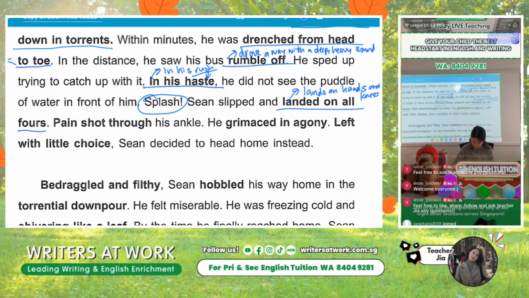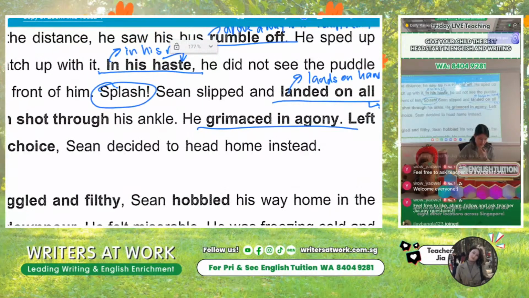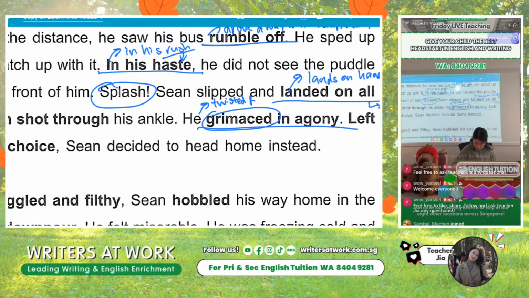We are out of space. Okay. He grimaced in agony. This word in particular means they have a very twisted expression. It's usually a sign that someone is in pain.